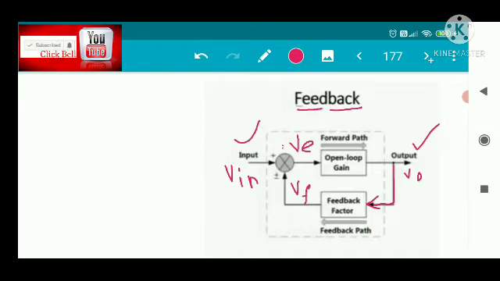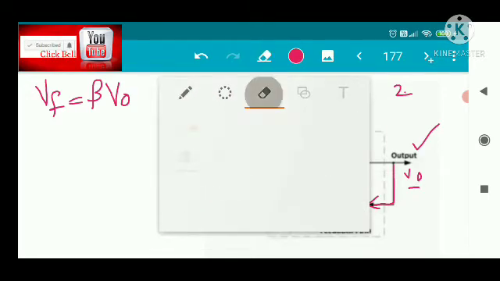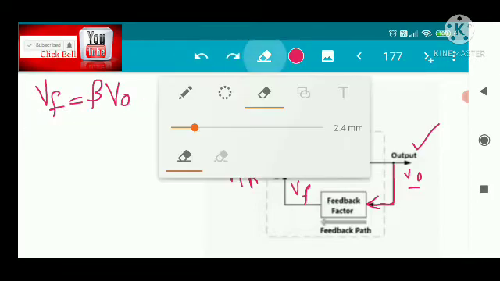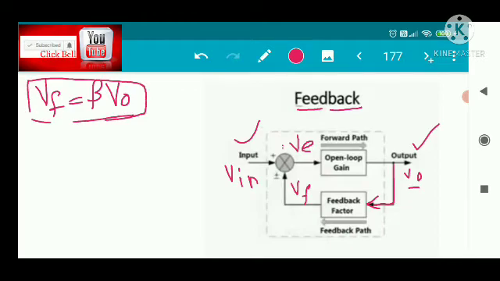Not all of the output, some of the output signal is fed back, so VF is some portion of the output, and that portion is represented by beta. So beta is always less than 1. Suppose the output voltage is 10 volt, we want to feed back 2 volt, so beta is 0.2 into 10, equal to 2 volt. Beta is always less than 1 because we are feeding back some portion of the output to the input. So this is called the feedback signal. So VF equals beta V0.